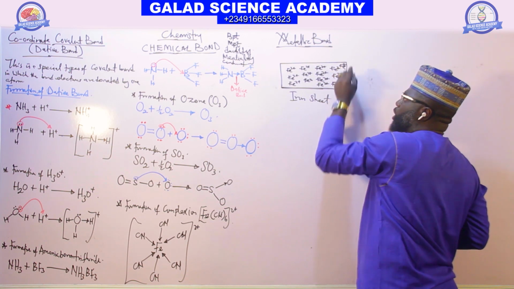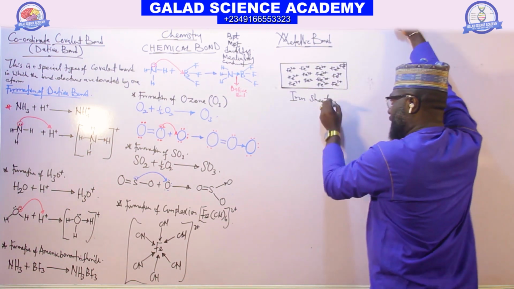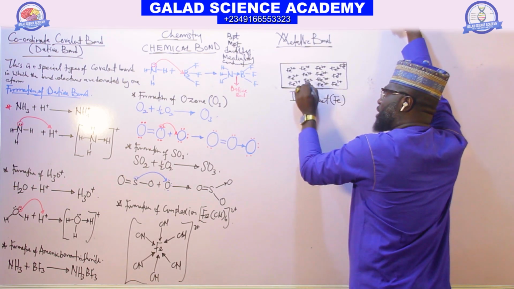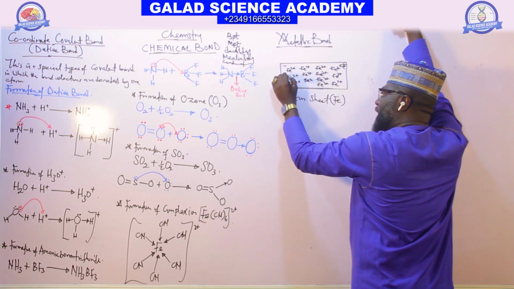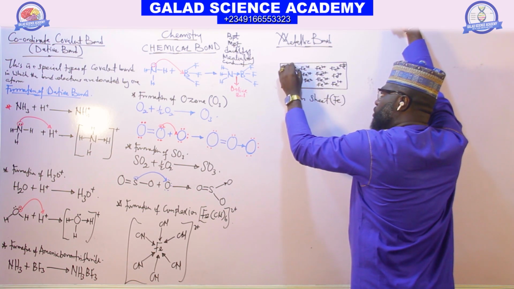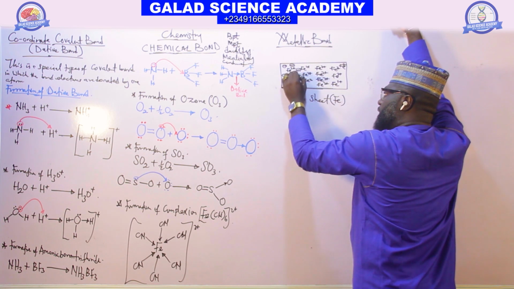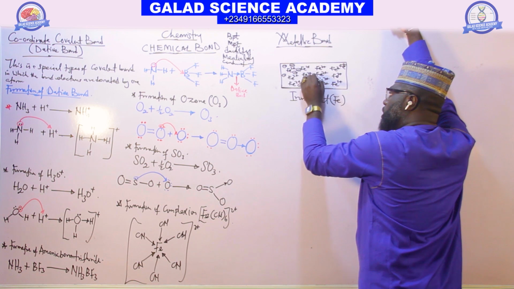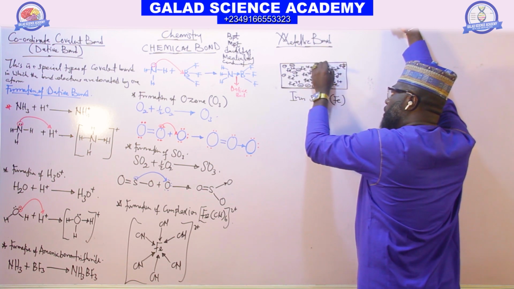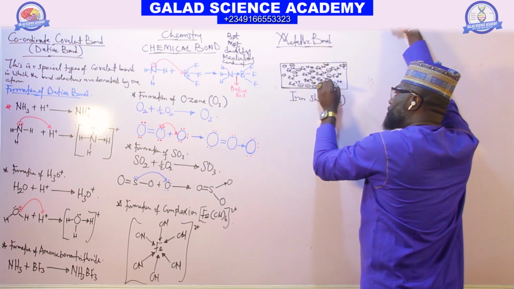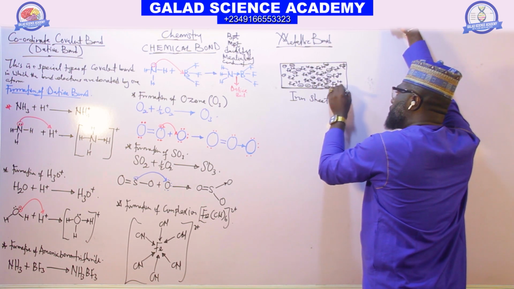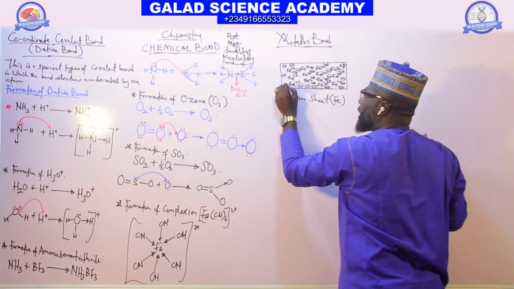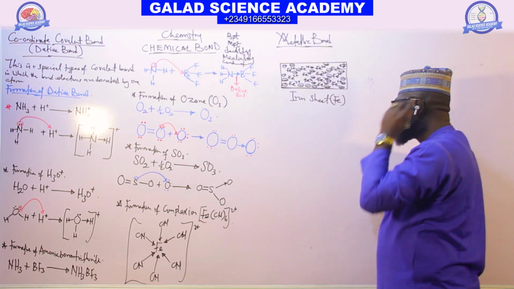You can see that this is their normal formula, but they ionize by releasing electrons from their body. You can see the electrons that they lose.